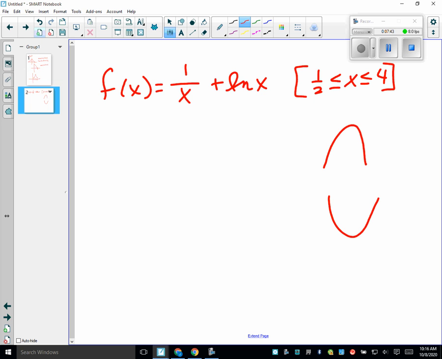So the first thing I'm going to do is find the derivative and set it equal to 0. That's the first thing I'm going to do. All right? What is the derivative of this? 1/2 plus 1 over x. Wait a minute. It's what? Negative 1 over x.